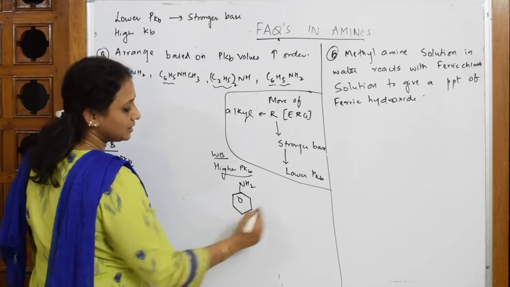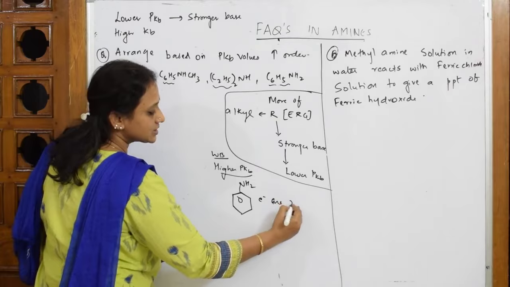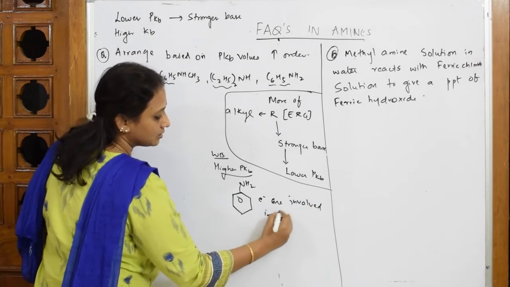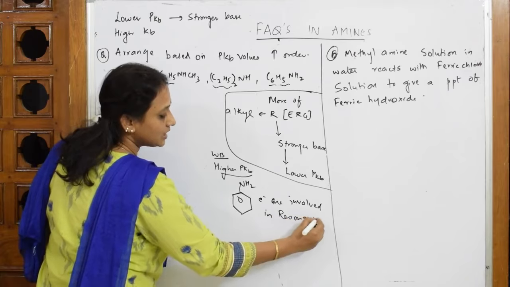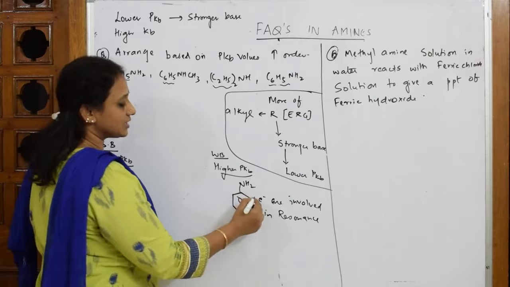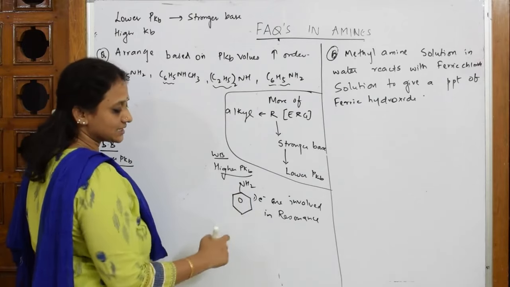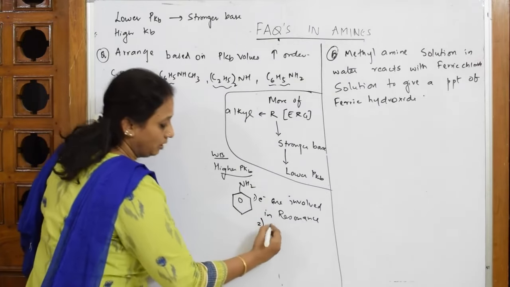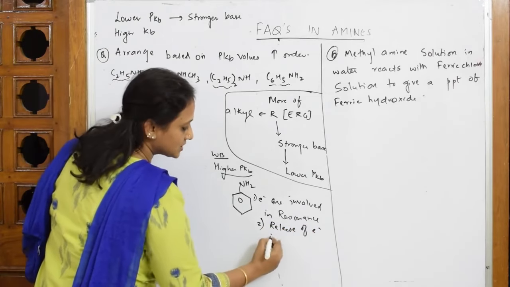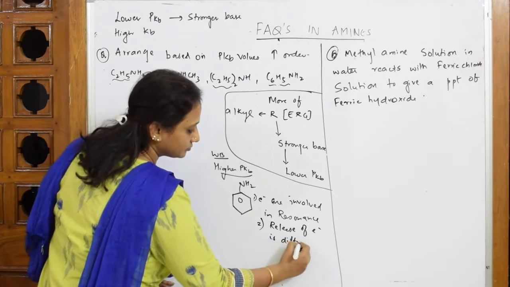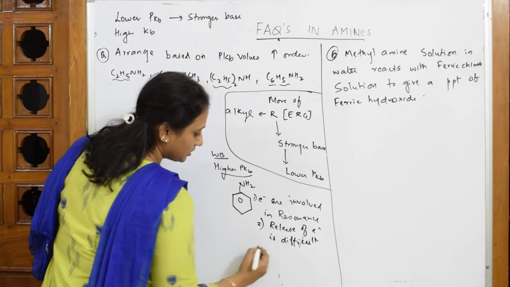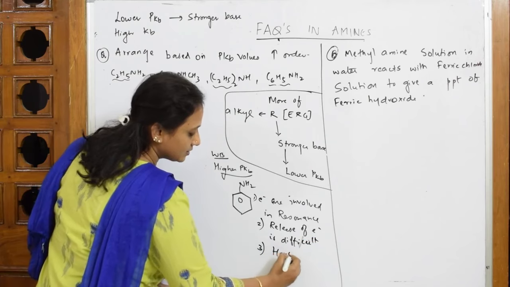Come back again. Least basic. Here what is happening? Electrons are involved in resonance. When they are involved in resonance, is release of electrons easy or difficult? It's very difficult because they keep delocalizing inside. So release of electrons is difficult, hence less basic.